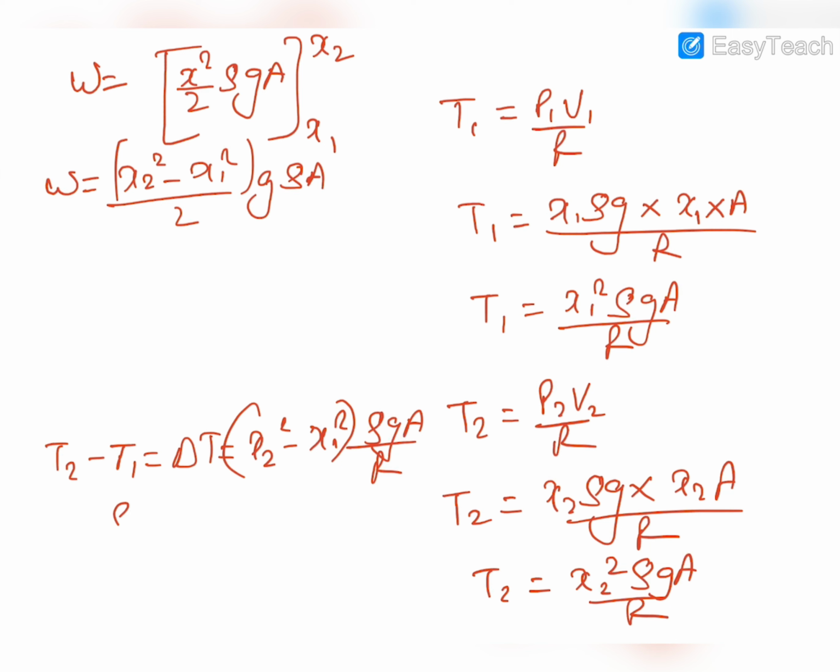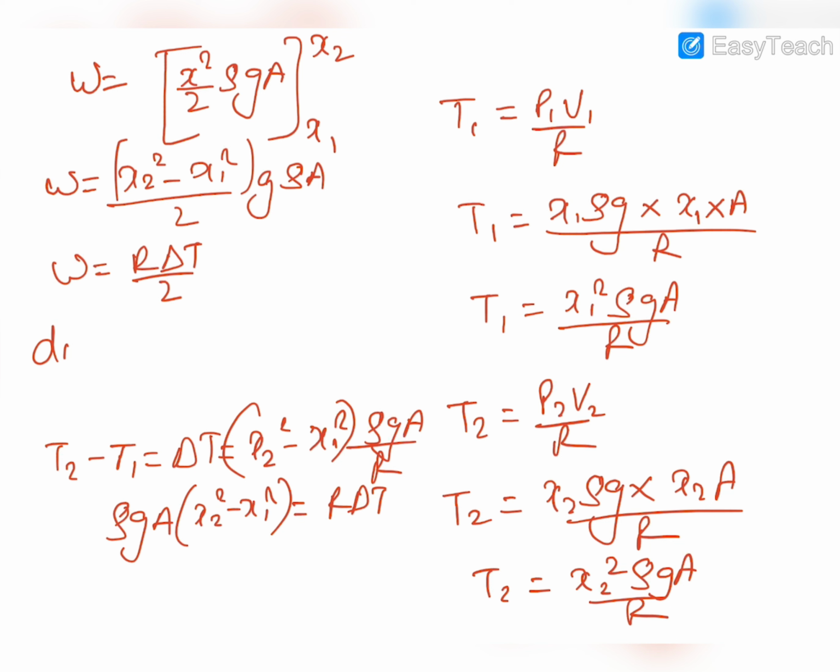So rho g A into (x2 square minus x1 square) will be equal to R delta T, and therefore in this equation we can substitute this value, and the work done will be equal to R delta T by 2. So the heat supplied will be equal to delta U plus dW.